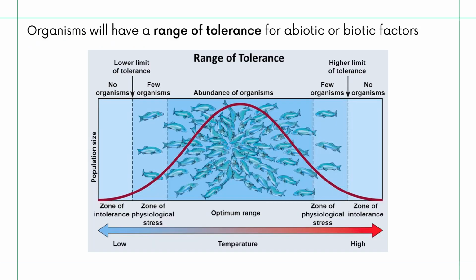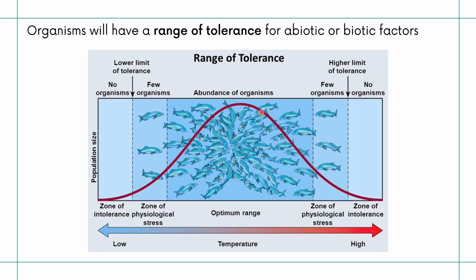Organisms have a range of tolerance for both abiotic and biotic factors. So biotic means living factors and abiotic is non-living factors. So abiotic can be things like temperature, water, wind, that kind of thing. So for example, we have the fish here who have an optimal range in this temperature. So right here down the middle, this is the ideal temperature for them.